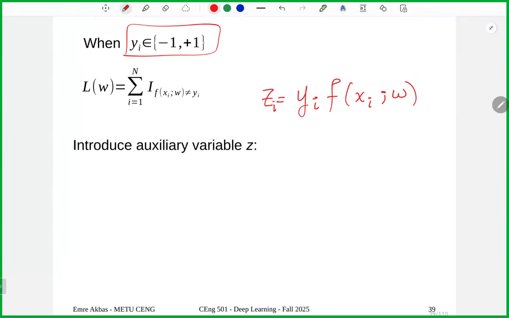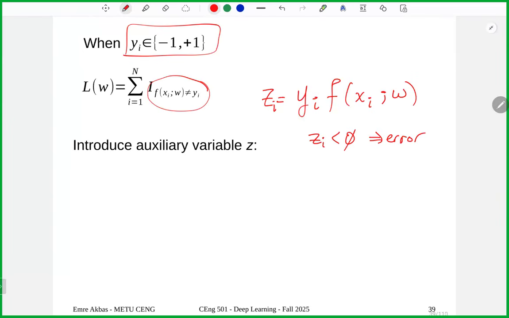So if for a positive example, the model returns a positive value, then multiplication is positive, which is good. Zi means it's 1. But if there's an error, either of the y or f will be positive or negative, so their signs will be different. So if zi is less than 0, then this is an error, right? Otherwise, it's not an error. So it's just a different way of expressing this part in a more elegant way.